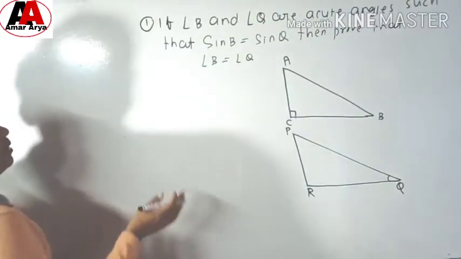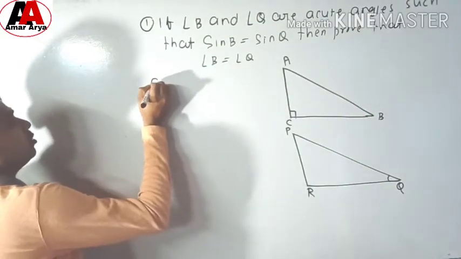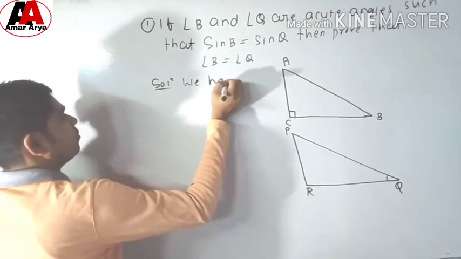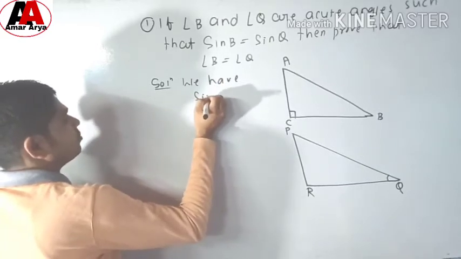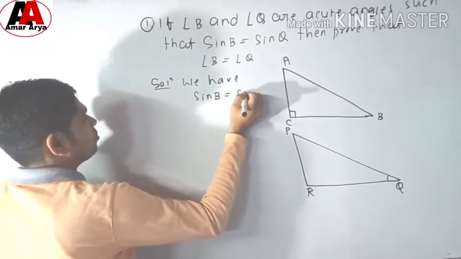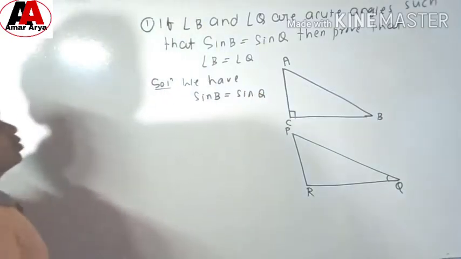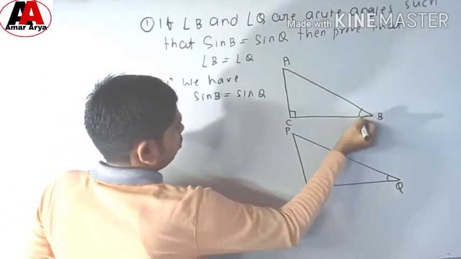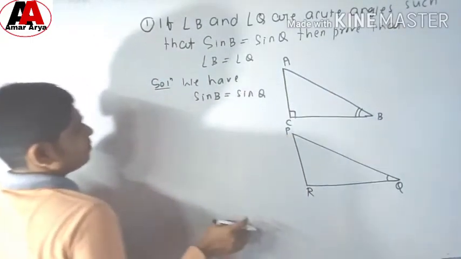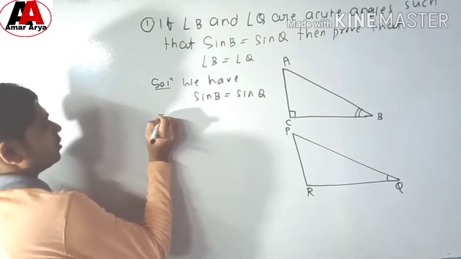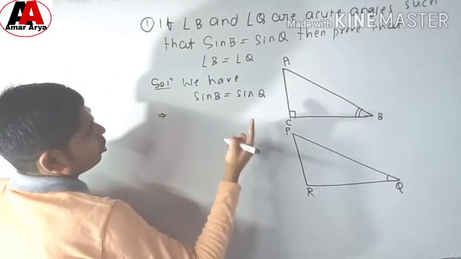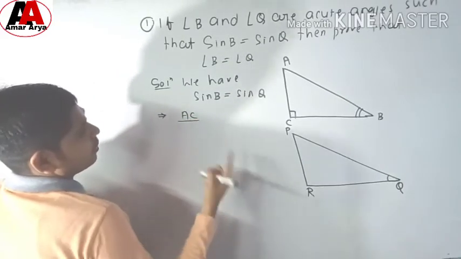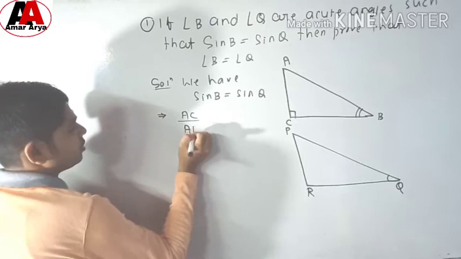We have been given sin B equals sin Q. So solution: sin B equals sin Q. We know the formula of sin B is the opposite side by the hypotenuse. So we can write the opposite side, that is AC, and the hypotenuse, that is AB.